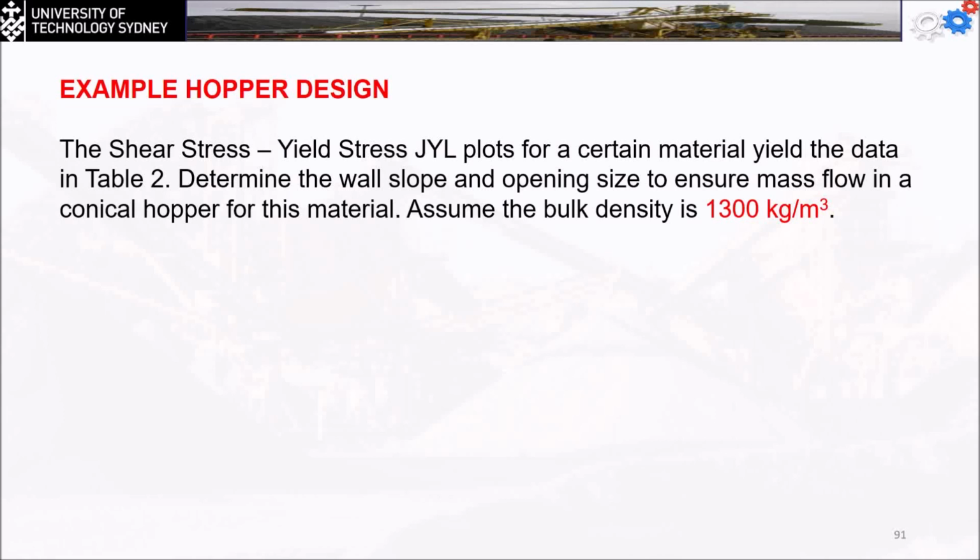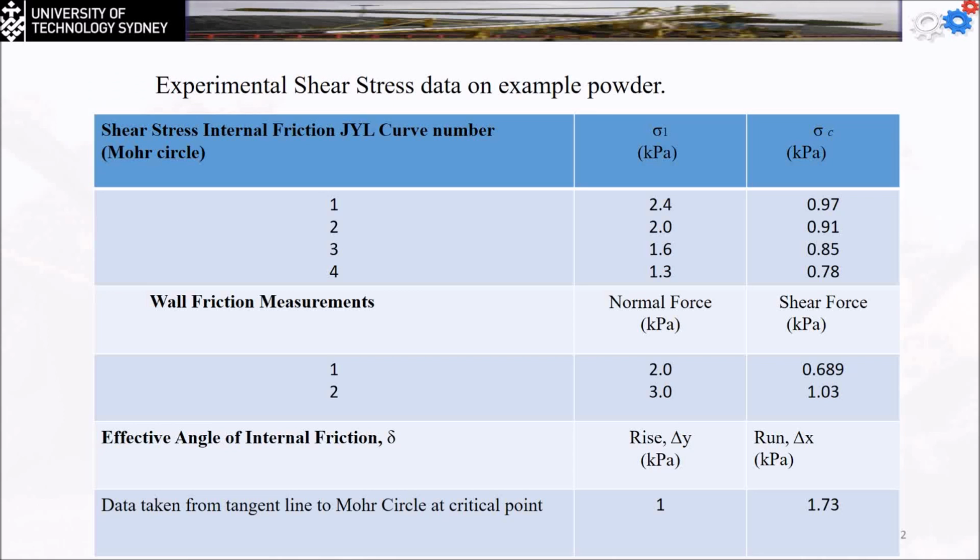Using the data shown in table number 2, determine the wall slope and the opening size to ensure that we are going to have mass flow in a conical hopper for this material, assuming that the bulk density is 1,300 kilograms per cubic meter. That's the table we have. It's somewhat similar to the table you have in your assignment question number 1.